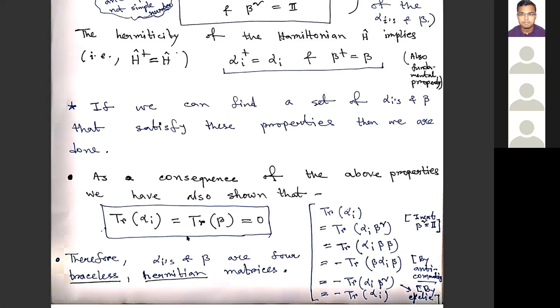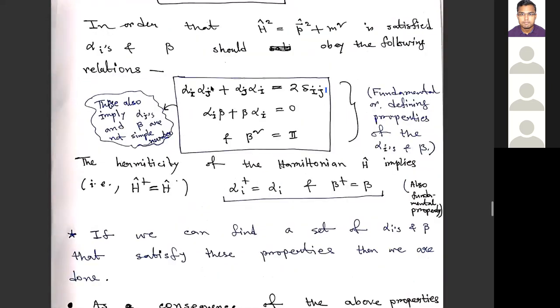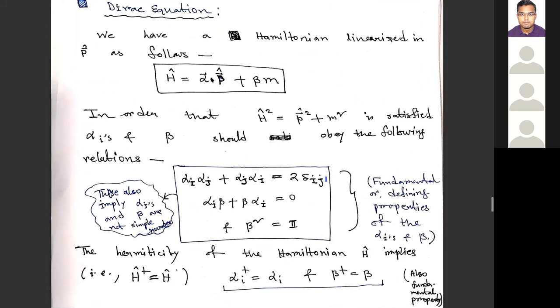Okay, and we need 4 such traceless Hermitian matrices: 3 alpha I and 1 beta. Why 3 alpha I? Because there is a vector index. It doesn't matter. We are not sure whether alpha is actually a vector or not. Right? One needs to check that: how does alpha transform under rotation? P is certainly a vector, but there is no guarantee that alpha is a vector.